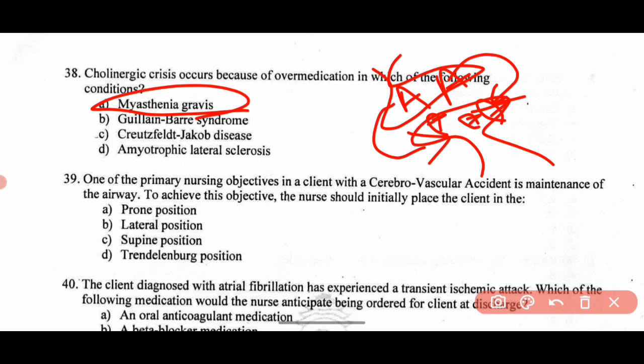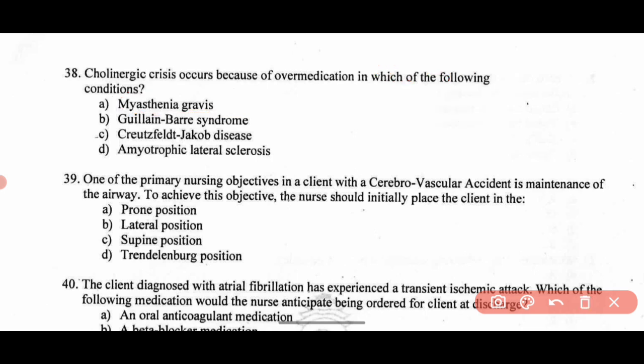What are the classical manifestations of myasthenia gravis? Ptosis will be there, that is drooping of the eyelid. Also diplopia, double vision. There are many other manifestations, but the most important classical manifestations are ptosis and double vision. Why is it happening? It is because of autoimmune antibodies blocking the pathway of the acetylcholine. Okay, fine. So here the right answer is option A.